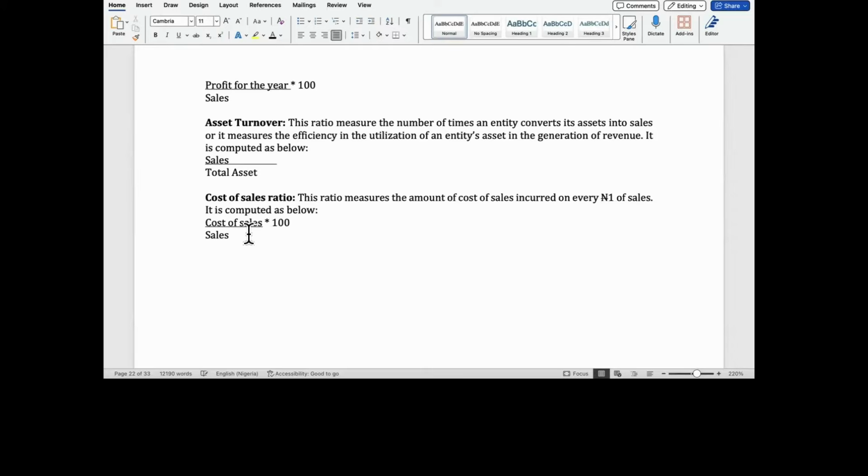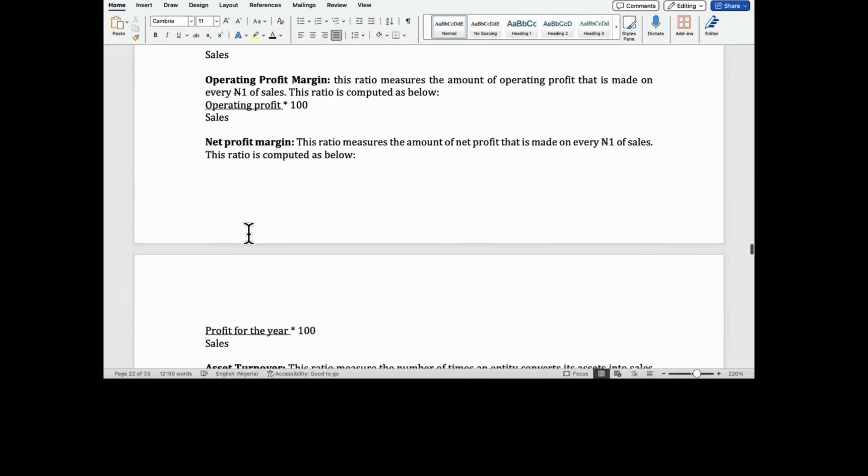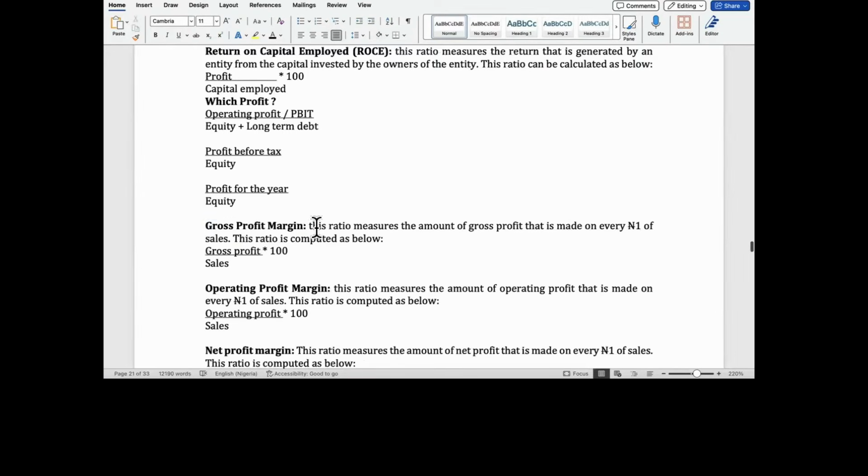So again, this is clear. In interpreting this, just speak to your cost of sales. If your cost of sales is low, your cost of sales ratio will be low. Another thing you need to be able to do is relate your cost of sales ratio to your gross profit margin, because they are so relatable.